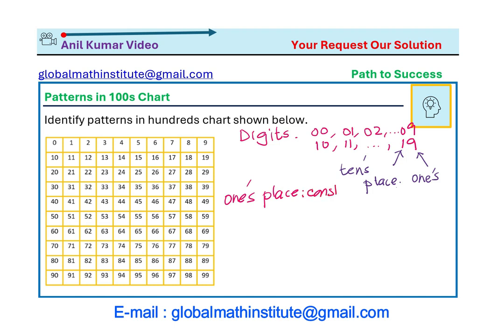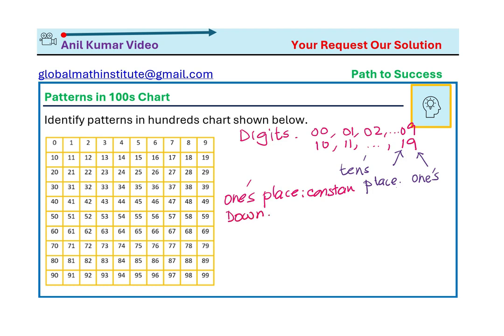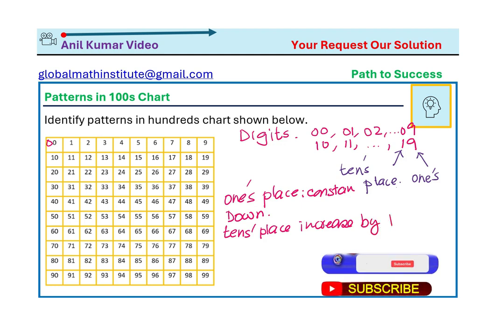And when you go down, the tens place increases, right? So this could be treated as 00. So the tens place increases by 1, that is plus 1. That is what you see, right?